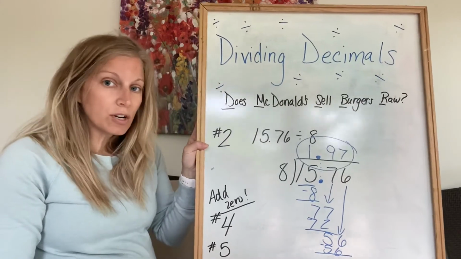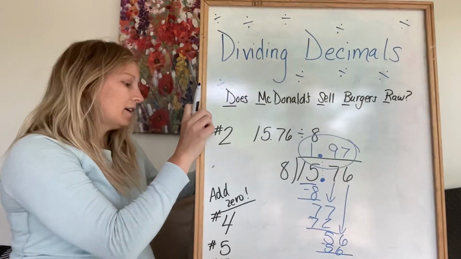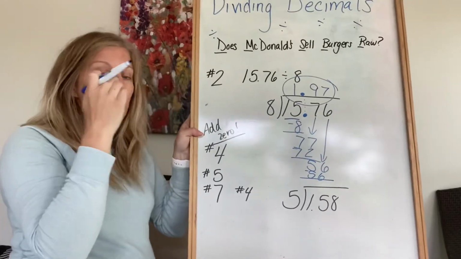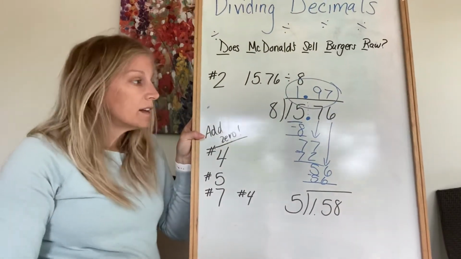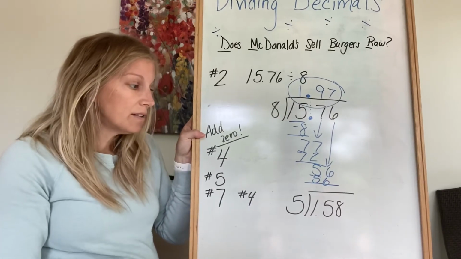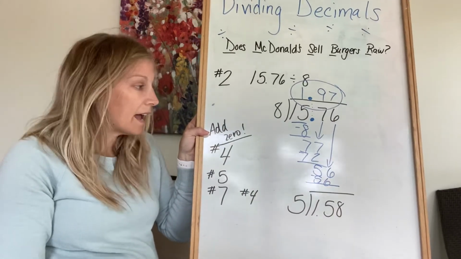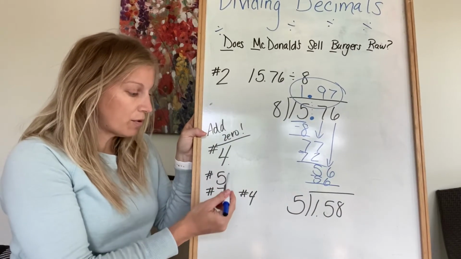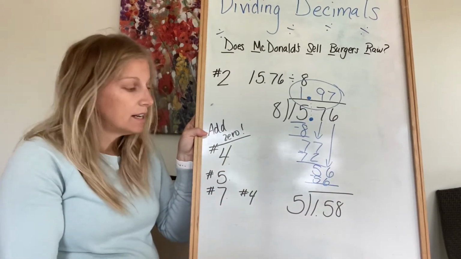For our worksheet, we have a few problems where it doesn't go in evenly. It doesn't stop right there. If it doesn't go in evenly, then we have to add a 0. We will have to add a 0 for number 4, 5, and 7.